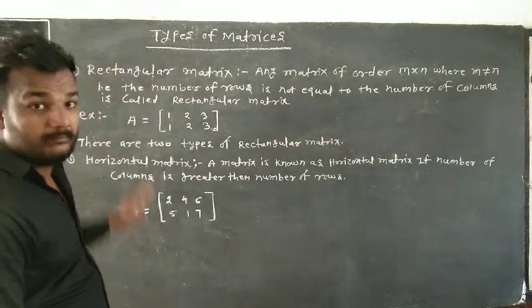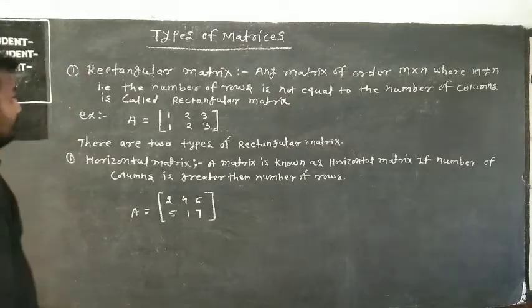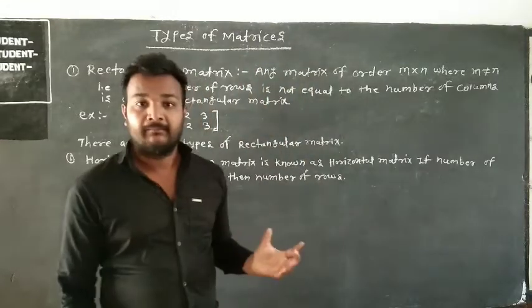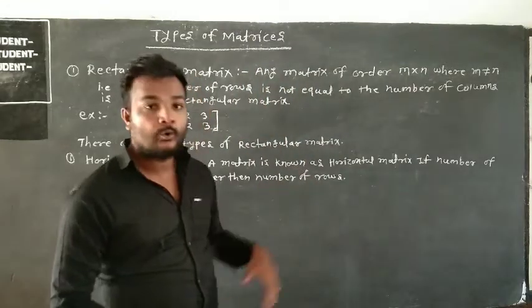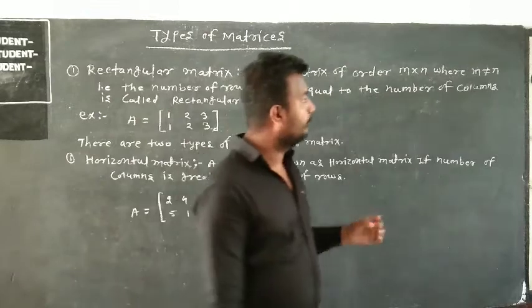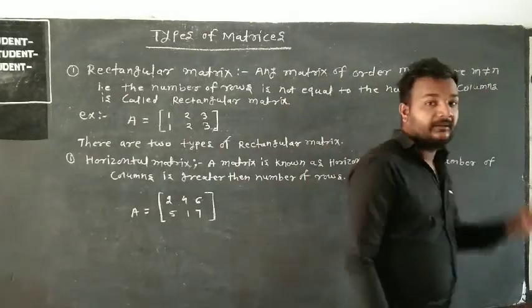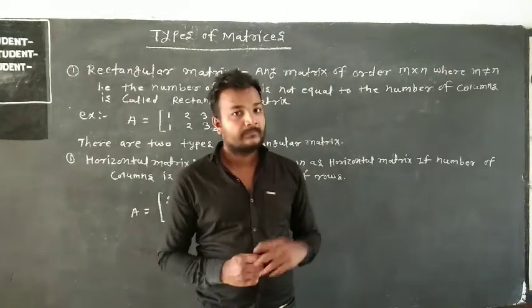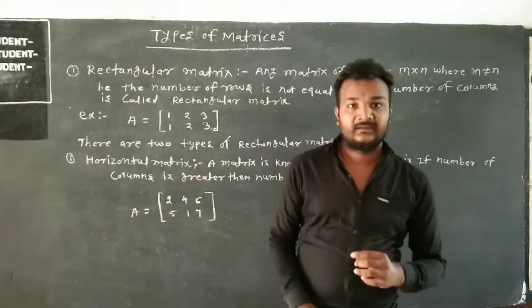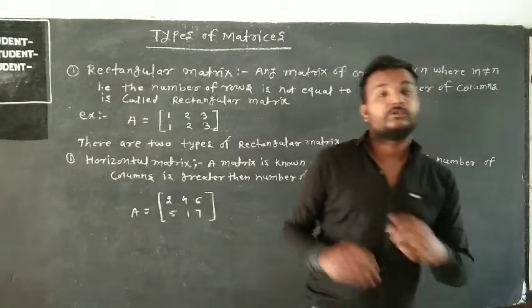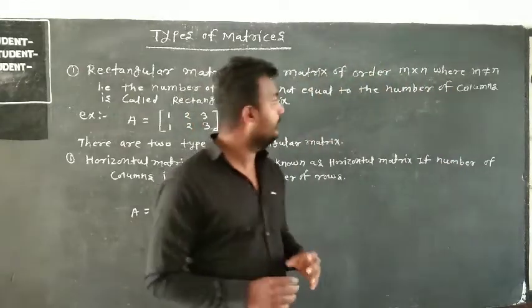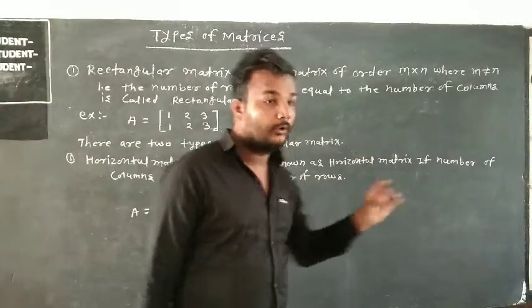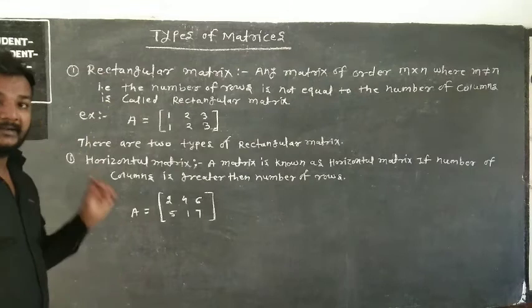This is called a rectangular matrix. Clear?